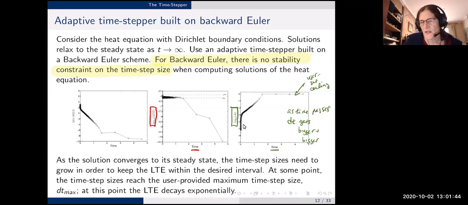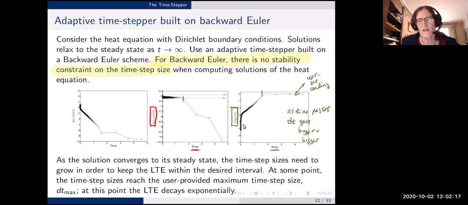And the moment I say that, once a time step reaches that ceiling, the control on the local truncation error is turned off. And that's precisely, this time right here is precisely when I leave this envelope. So this is how an adaptive time stepper behaves when it's computing a problem which has a stable steady state.